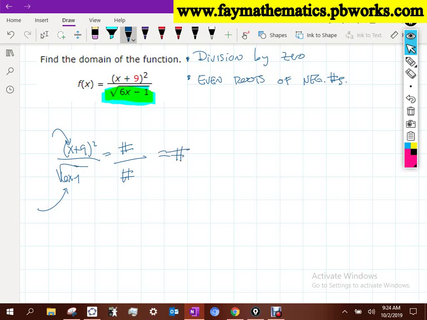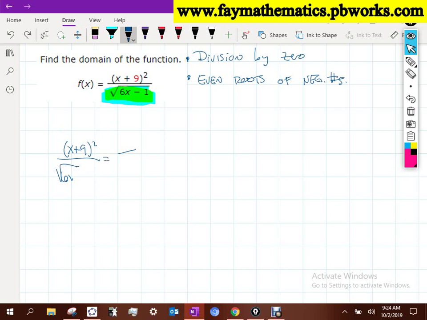Think about this though. If I have any value x up here that you can think of, add 9 to it and you can square it, right?